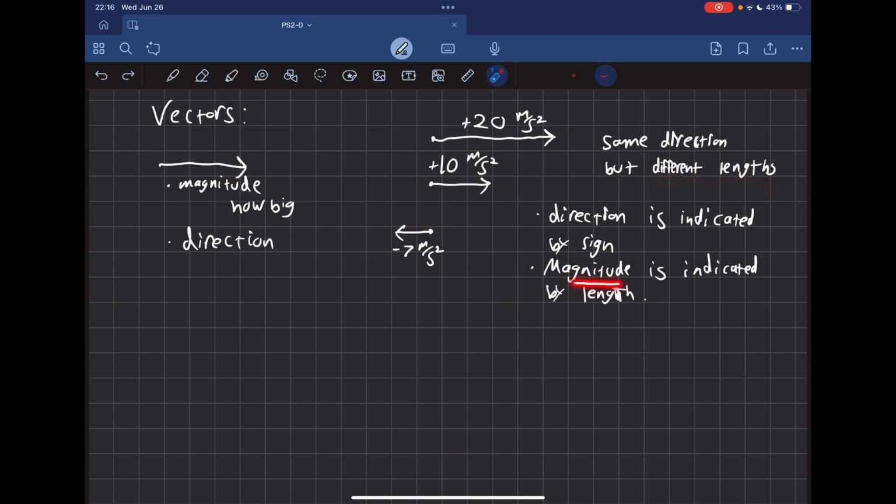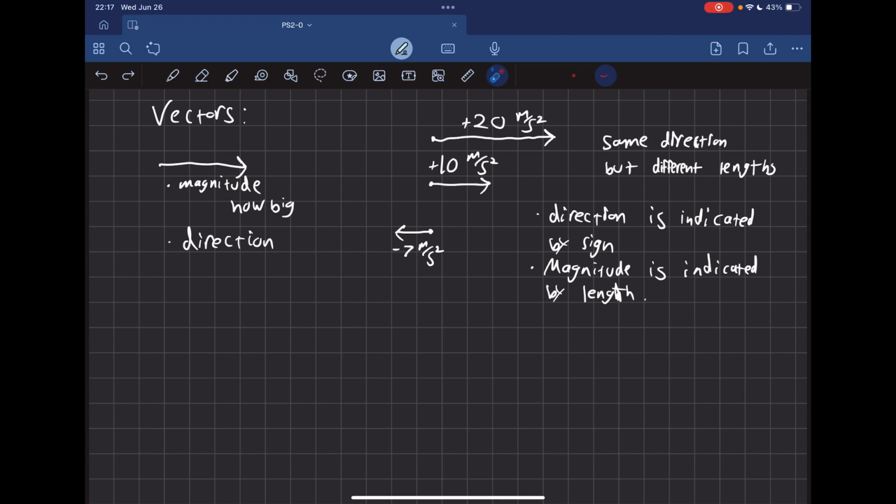The magnitude is indicated by the length of the vector, the length of the arrow, and it's usually relative, if you can draw it to scale. Now, there will be times where we are not going to draw to scale, so all I'm looking for is whether you draw the larger vector as clearly larger than the smaller vector.